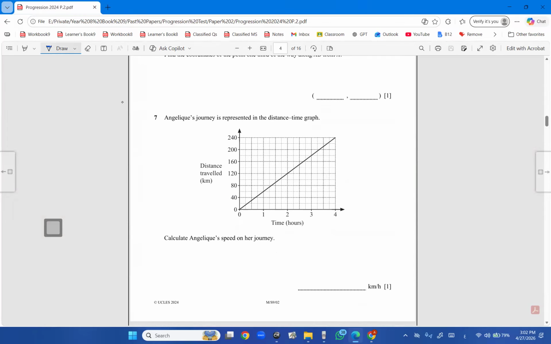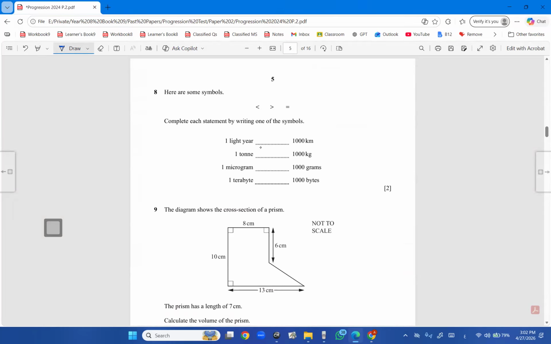All right, we agreed this is going to be 60 kilometers per hour. Is one light year greater than, less than, or equal to 1,000 kilometers? Well, you should know that light travels in 1 second, not 1 year.